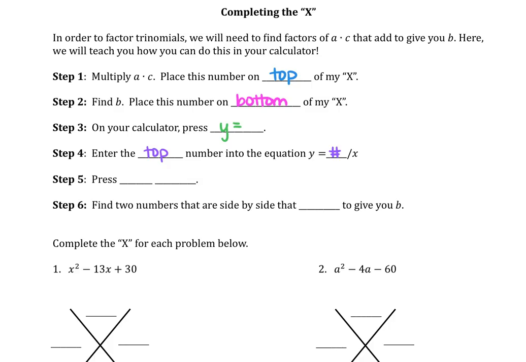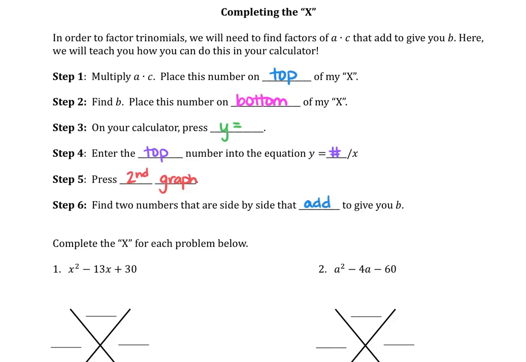This should look familiar to you because we did this whenever we were trying to find factors back when we were simplifying radicals. We're going to then press second graph, and we're going to find two numbers that are side by side that add to give me the b term.